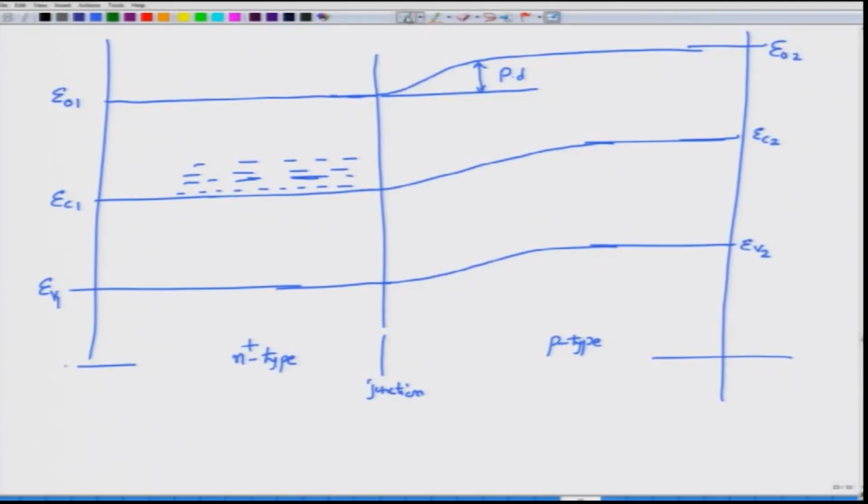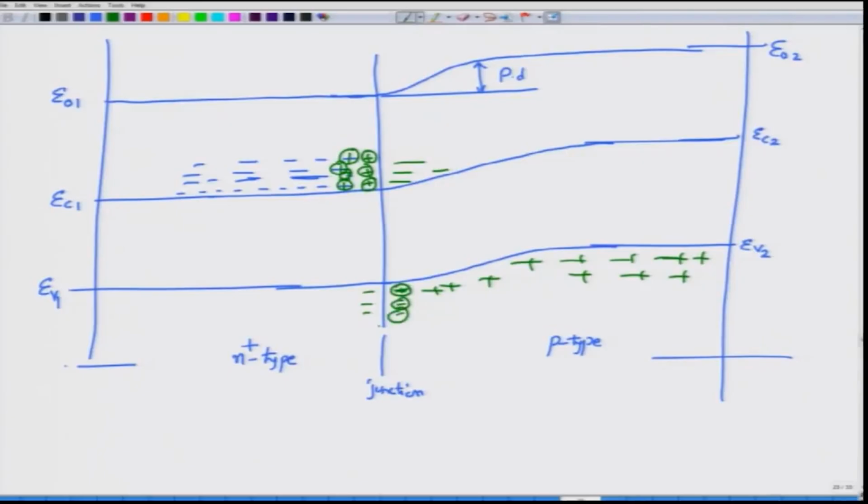Why? Because as some of the electrons move and are now located here because of diffusion, what they leave behind at the junction are positive immobile ions. These ions are not moving, but the region here has become positive. Similarly, there are a lot of holes present, and some of those holes diffuse onto the left hand side, and when they do so, they leave behind negative ions.